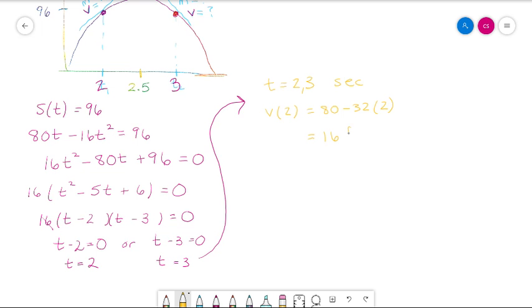All right, and then feet per second, ds dt, right? Okay, so velocity is positive. That means the ball is going up. And then notice for v3, when we plug in t equals 3 seconds, 80 minus 32 times 3. So 80 minus 96 is negative 16 feet per second.